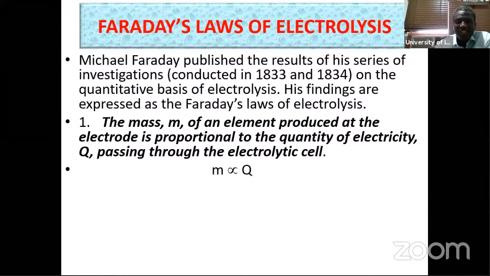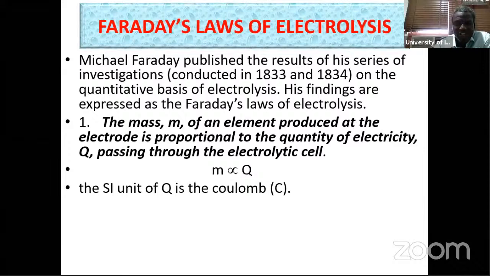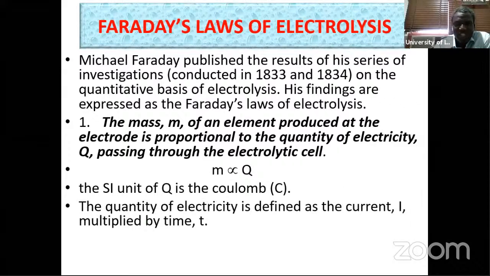So simply, this is just the formula you have. Mass proportional to Q. That is quantity of electricity. And normally, Q is expressed in coulomb. And the quantity of electricity normally is defined in terms of the current multiplied by t. So if you have current multiplied by t, that means your Q is equal to It.